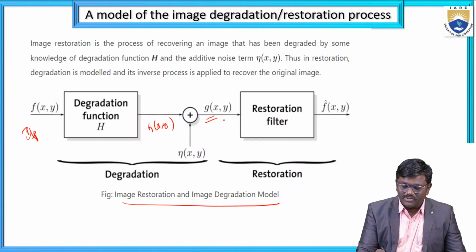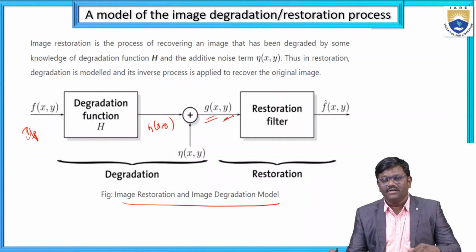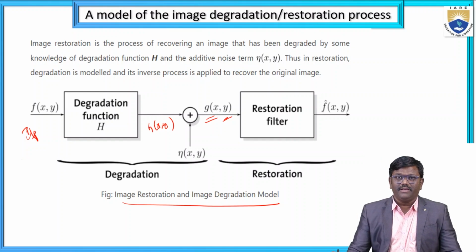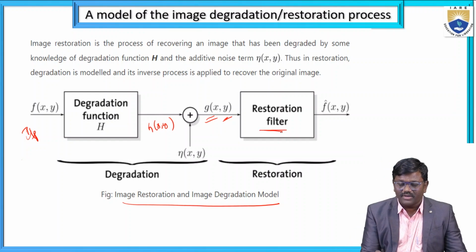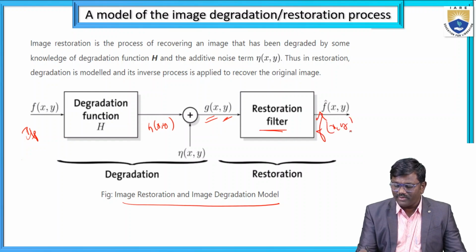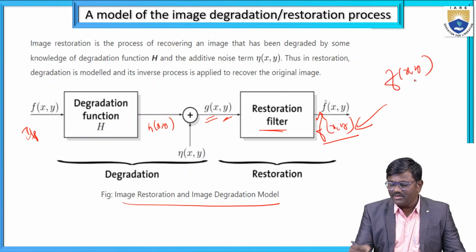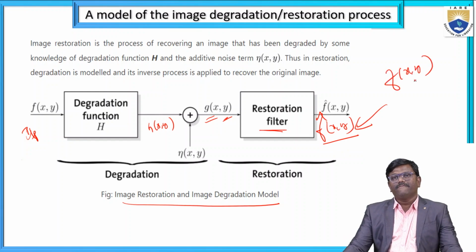By applying the restoration filter to this degraded image, we get the reconstructed image f cap of x comma y. This is a replica of f of x comma y, the restoration of the original image.